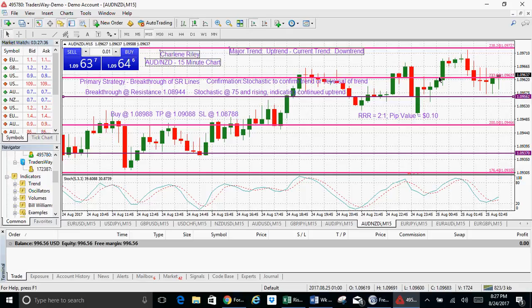So I would be looking for, we have the break above the 1.09627 line, but for confirmation, I want to see the stochastic at 50 and rising before I would enter into a buy. To enter into a sell, I'd need a break below the 0.9627 and the stochastic below 50.